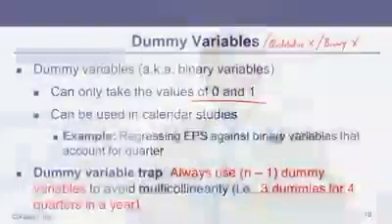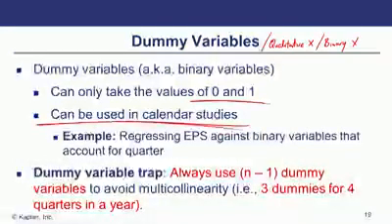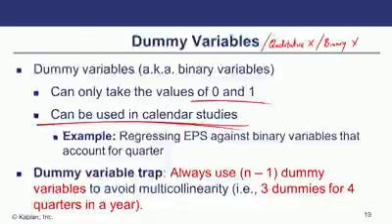That's one application. But the one that we're going to look at today is the application when it comes to calendar studies. So suppose you were interested to see whether you could make some abnormal money by trading intra-week, or depending on maybe month of the year, or day of the month, etc. So any calendar study that essentially attempts to make money by trading the calendar.